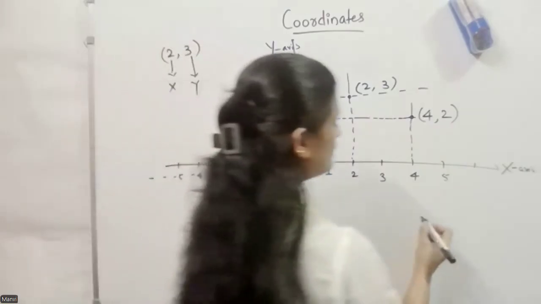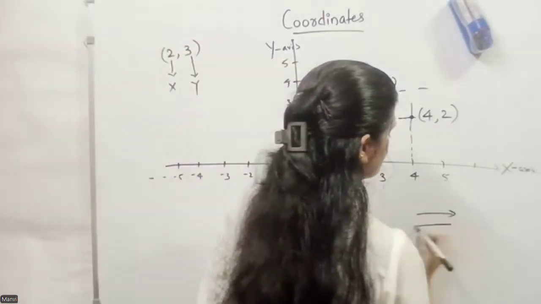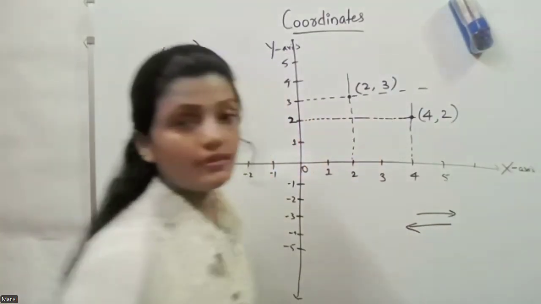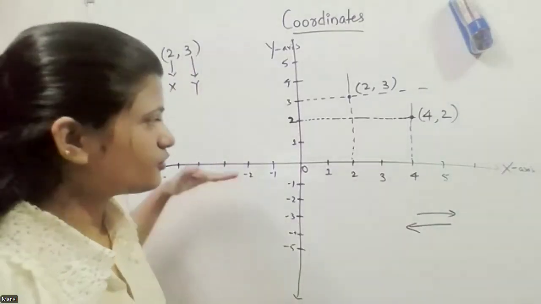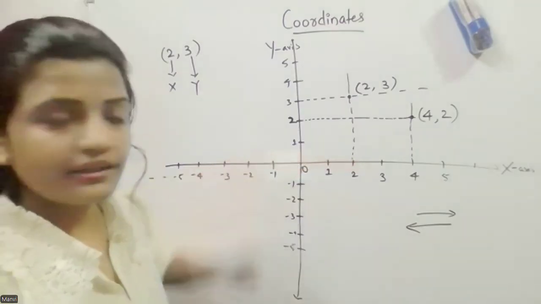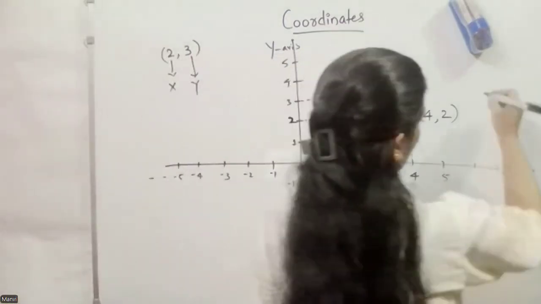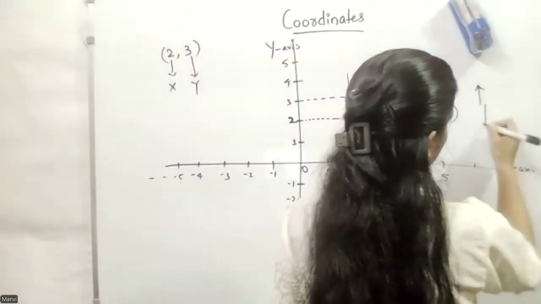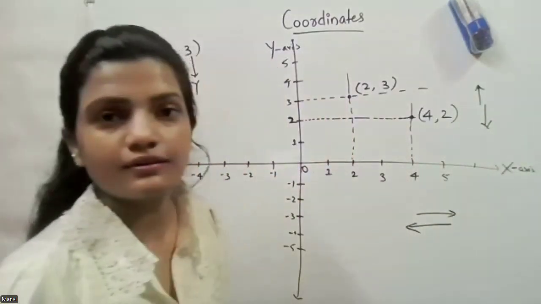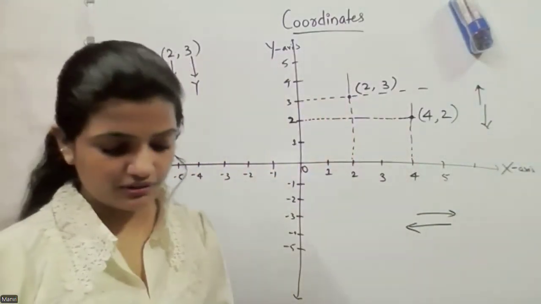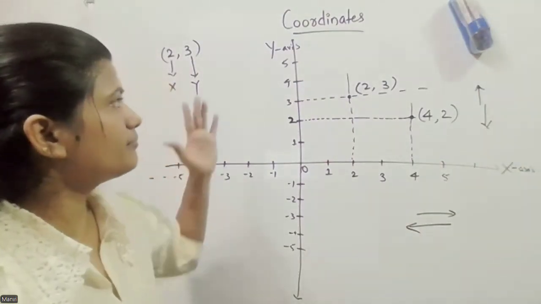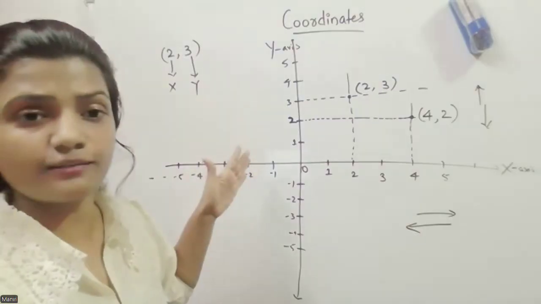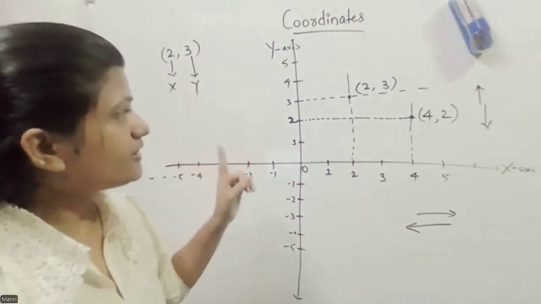It just moves left and right, so it moves in the x-axis, right? If one point moves up and down, that's the y-axis. Very good.